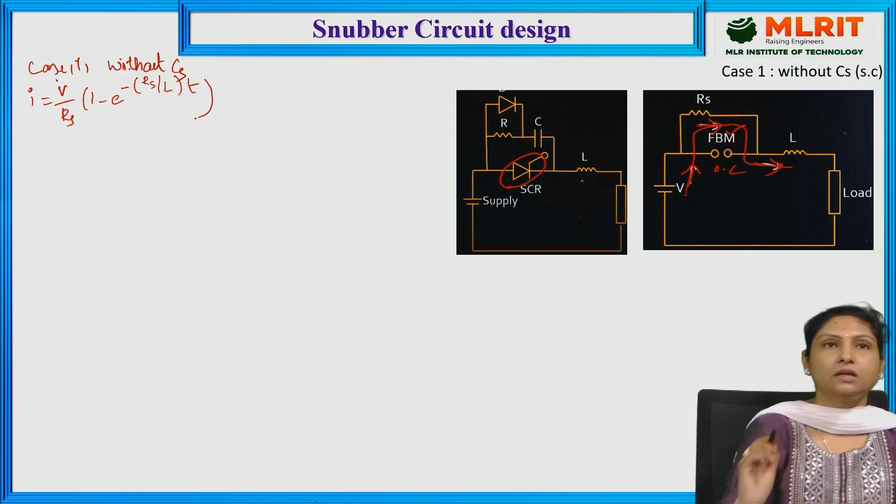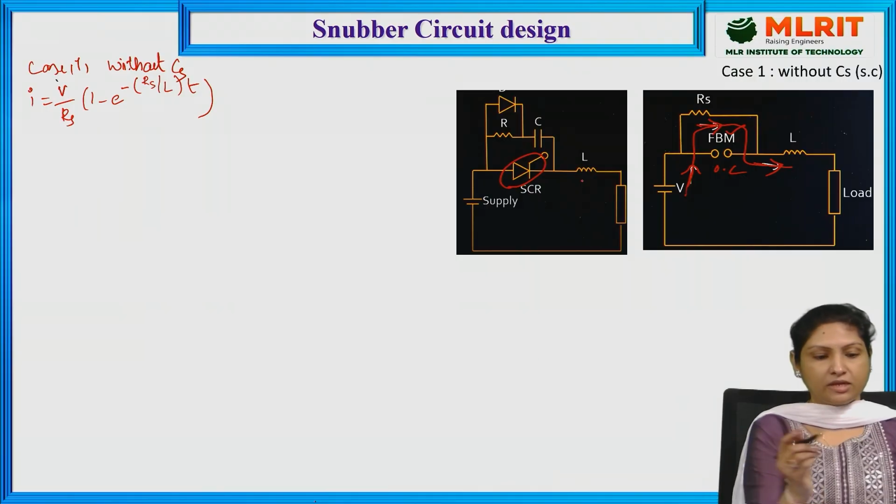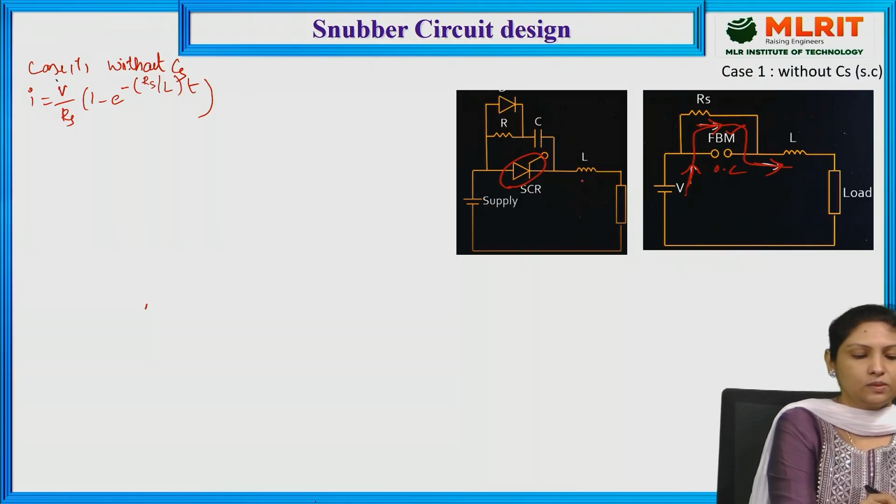And here let me differentiate this with respect to T. In that case we get di by dt is equal to V by Rs.